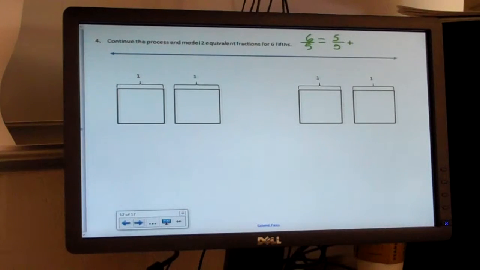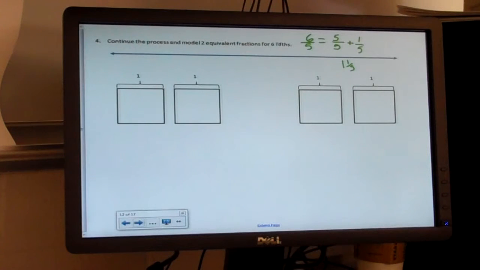We take 5 of those fifths, which is equivalent to 1 whole, plus how many fifths do we have remaining? 1/5. So we have 5/5 plus 1/5, or 1 and 1/5.